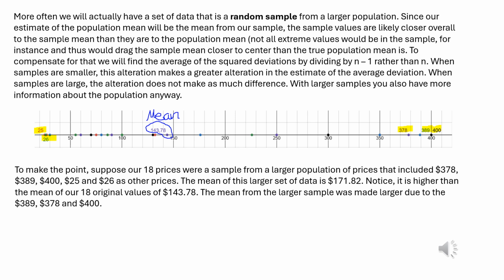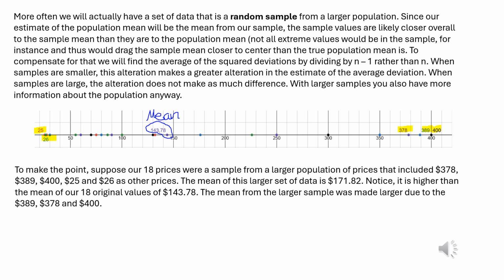The mean of this larger set of data that includes the 400 and the 378 and the 25, etc., is $171.82. Notice the mean of this larger set of data happens to be higher than the mean of our original set of data. I mean, not that the population mean is always going to be larger than your sample mean.